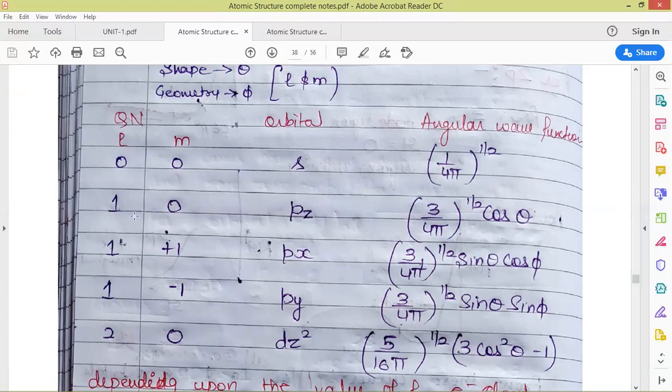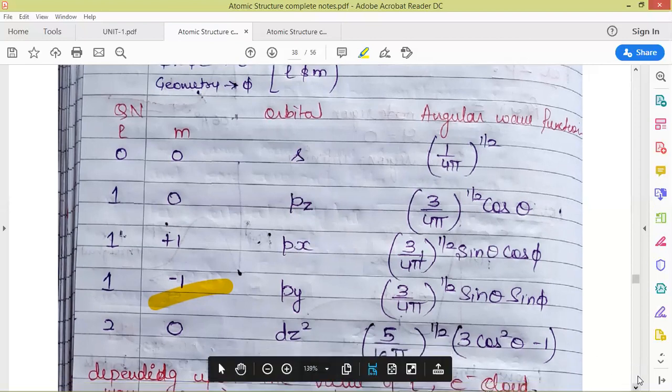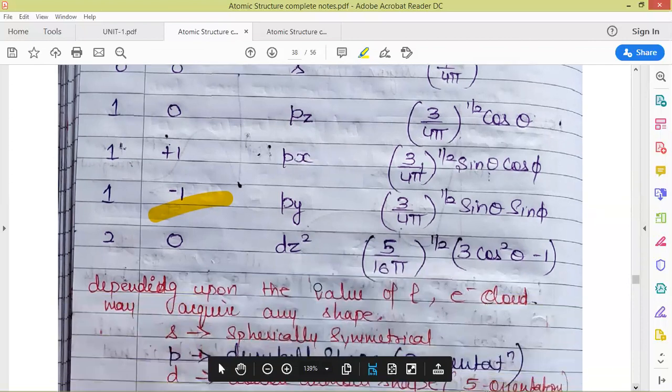Next we have the value of l as 1, and the possible values of m for it are 0, +1 and -1. So there are three orbitals for the p orbital, that is px, py and pz, and these are the values of the three angular wave functions for the p orbital.